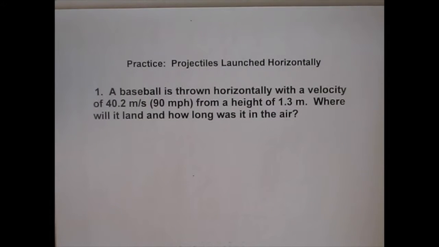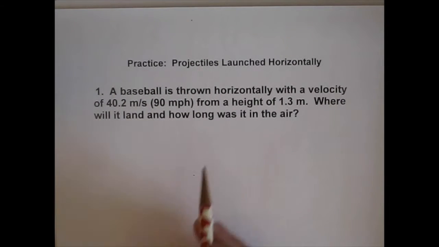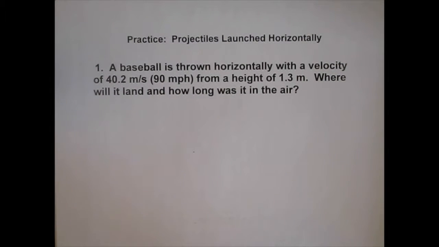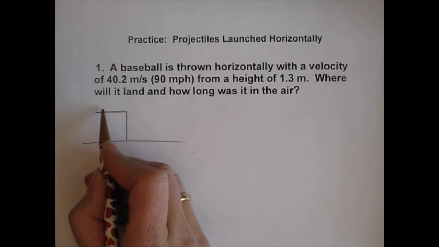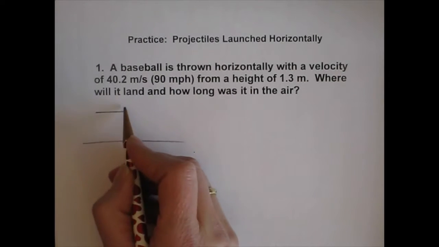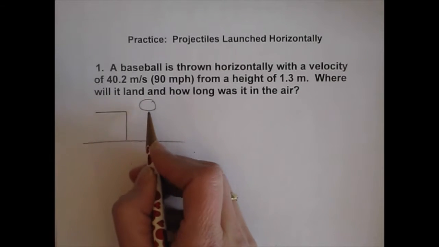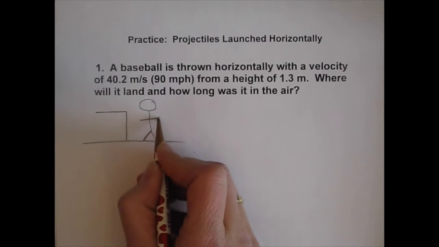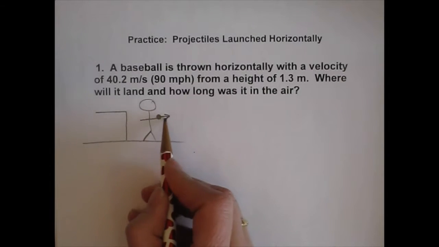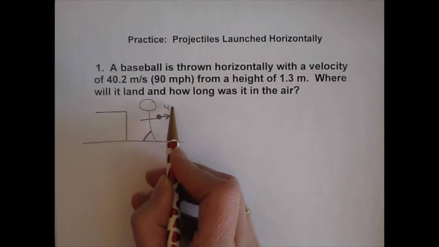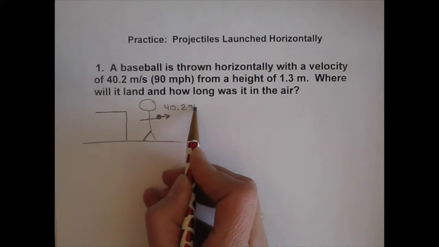So practice. A baseball is thrown horizontally with a velocity of 40.2 meters per second from a height of 1.3 meters. Where will it land and how long was it in the air? So always get clear on your situation. I guess we don't have a cliff really so much here as we have a person throwing a ball. And it has initially a horizontal speed of 40.2 meters per second.